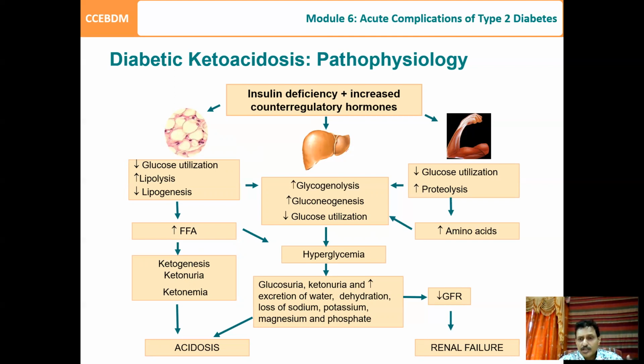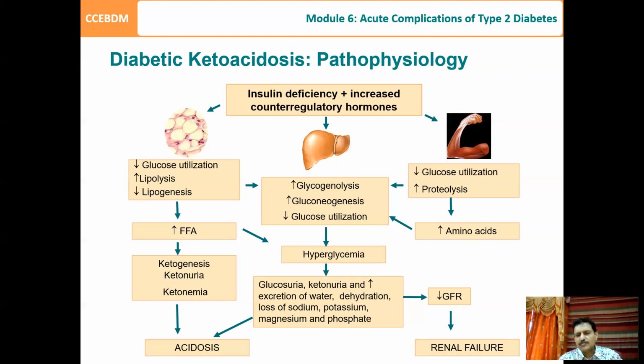So they will try to mobilize more glucose, and this mobilization of more glucose is basically counterproductive. Though they are mobilizing more glucose so that the demand can be fulfilled, this glucose cannot enter inside the cell. So that contributes to the state of hyperglycemia, and there is severe hyperglycemia.